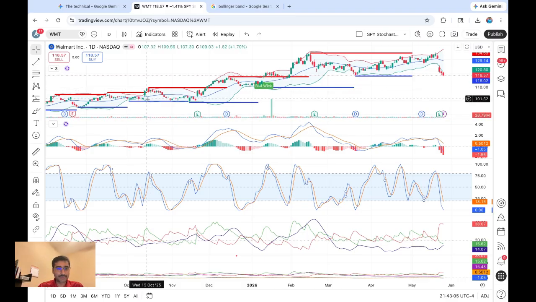For example, in this case, it crossed the Bollinger Band and it was already overbought, and it slightly started retreating slowly, and then it reached the oversold, and it reached the bottom, and then it started reversing again.